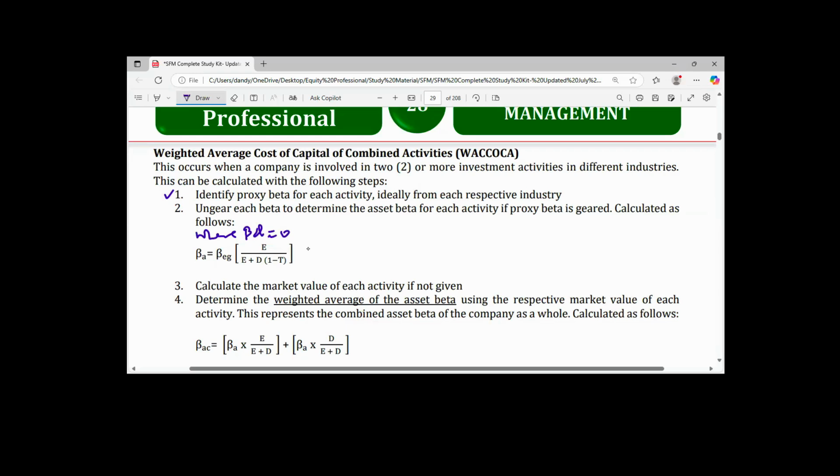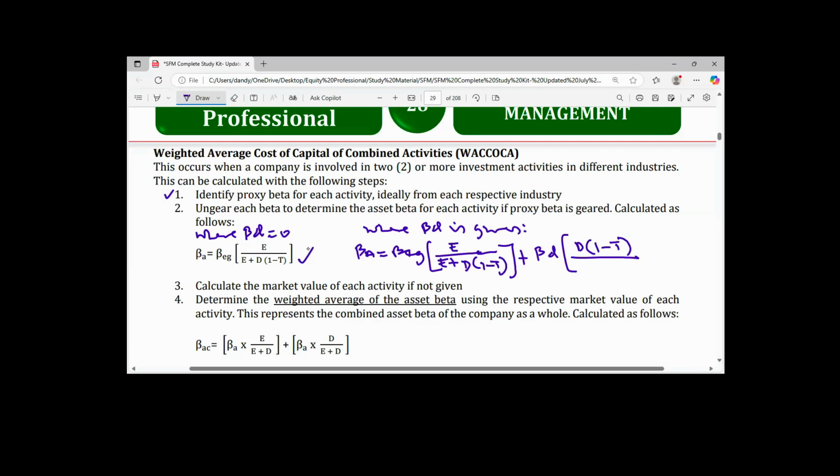But where the debt beta is given, then of course you need to use the extended formula, which is: beta assets equals beta equity of a geared company multiplied by equity value over equity plus debt (1 minus tax), on one side, plus debt beta multiplied by debt value multiplied by (1 minus tax) over equity value plus debt (1 minus tax), on the other side. So with this, you have ungeared.